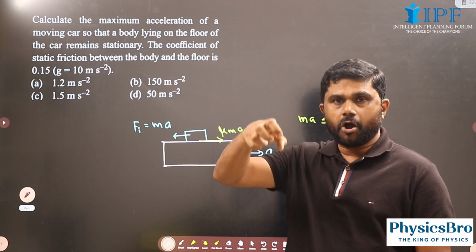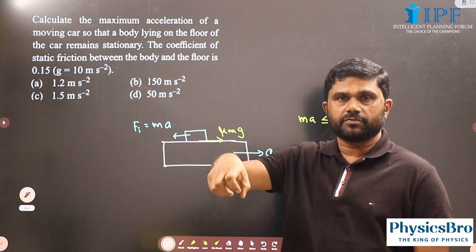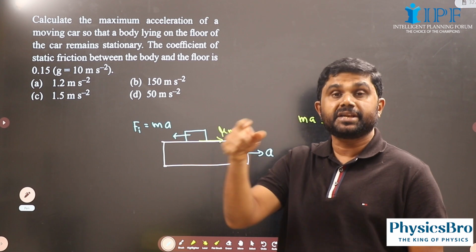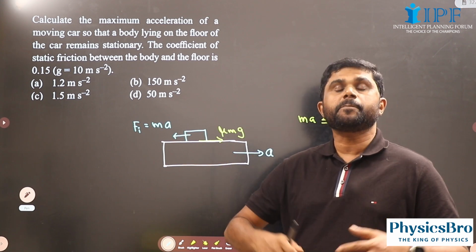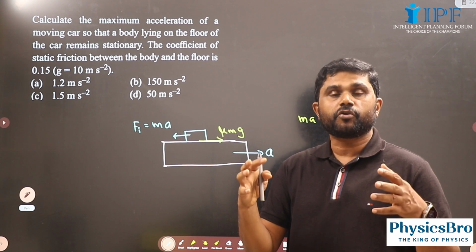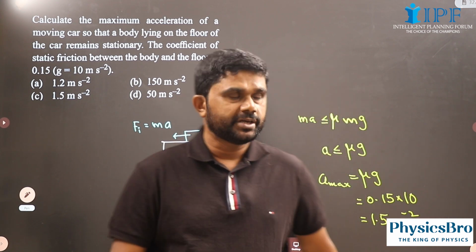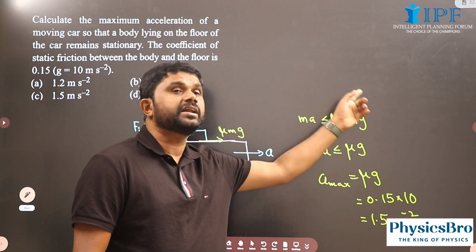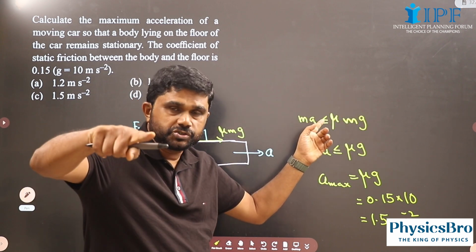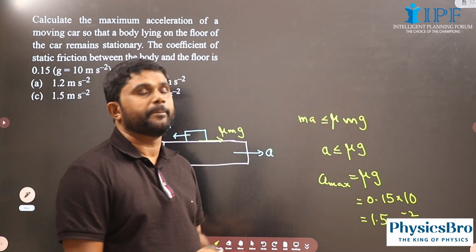If the block also moves with the car with the same acceleration, the necessary force is being provided by the friction. But there is a maximum value for the frictional force that acts on the body. It is given by mu mg. This is the maximum available friction. And the force required to move the body is ma.